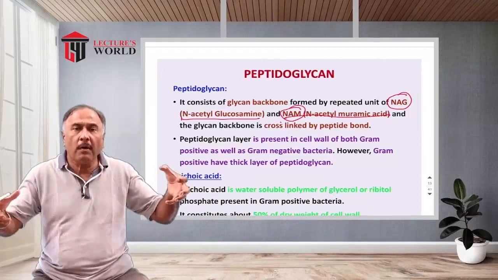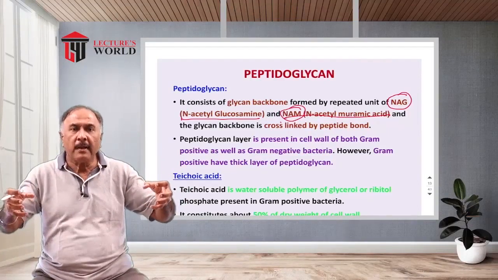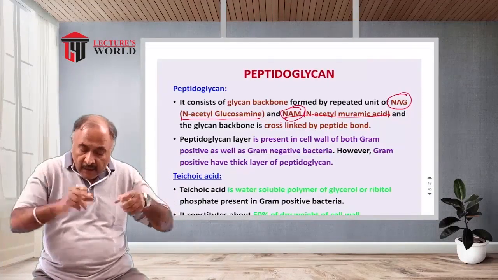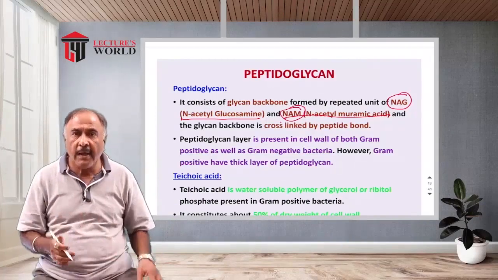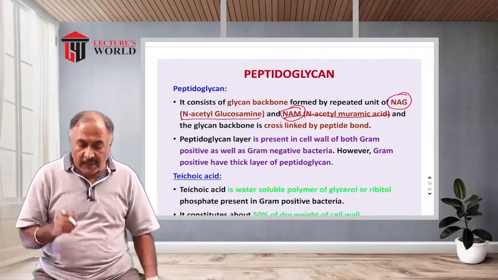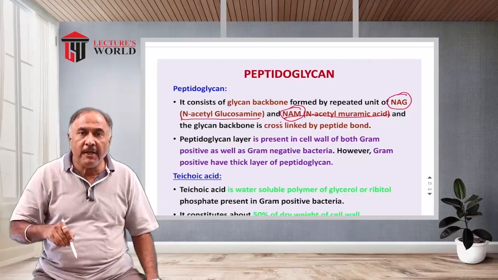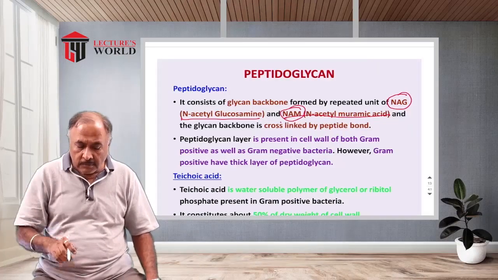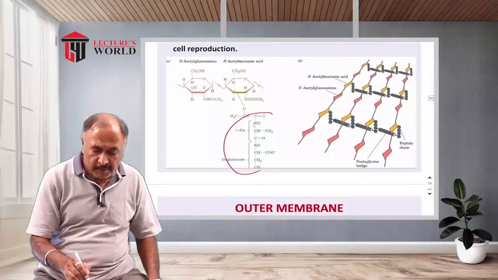These two alternating units, N-acetyl glucosamine and N-acetyl muramic acid, are linked by glycan bonds. And there is a peptide linkage: five amino acids are linked, as you can see in this figure.